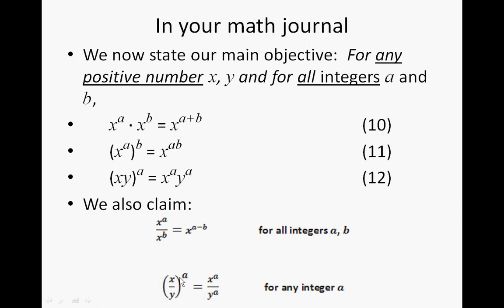And the same thing if we have a fractional number, x over y, raised to a power, then that is the same as x raised to the power of a over y raised to the power of a. And again, for all integers a and b, it doesn't matter whether it's positive, 0, or negative.